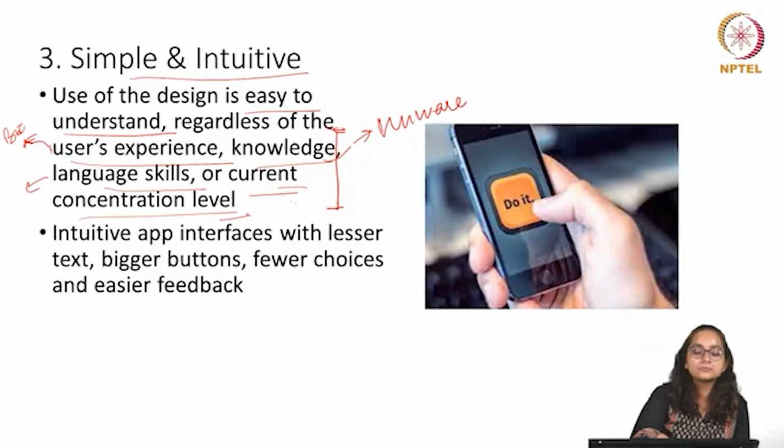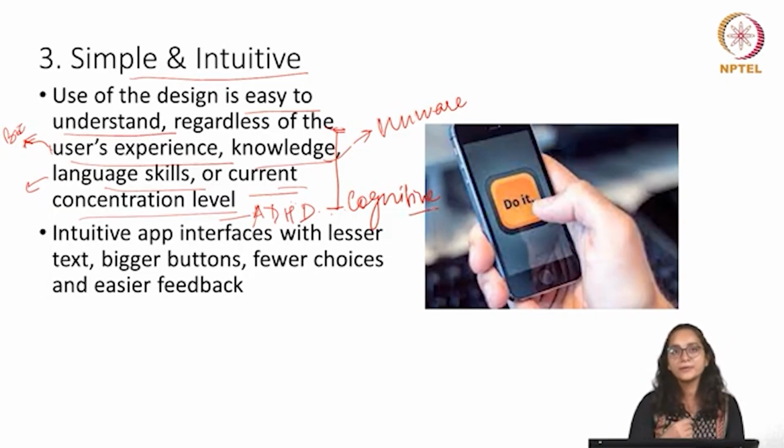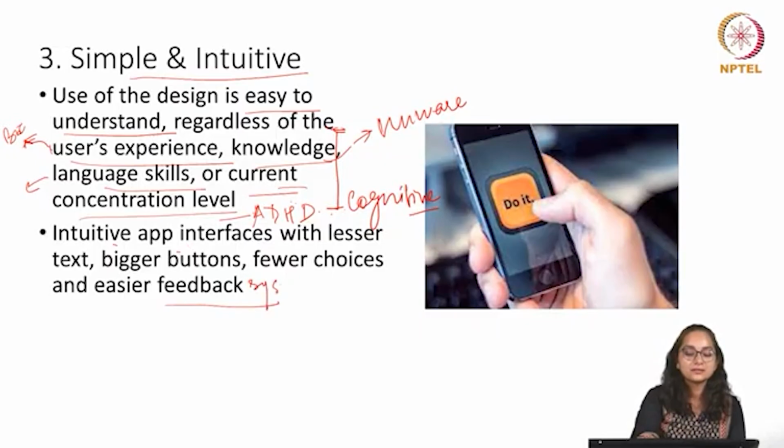So, for example, people who are not able to focus easily, like we have discussed, right, ADHD people or people who have other cognitive disabilities or limitations, can also benefit if your design is simple and intuitive. So, for example, intuitive app interfaces with lesser text, bigger buttons, fewer choices and easier feedback systems, right.